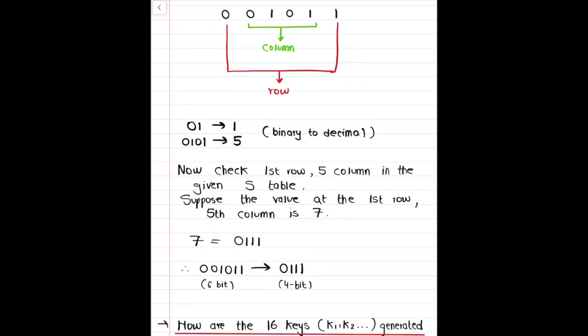Suppose that the value at the first row and 5th column is 7. If we convert 7 to binary, we get 0111. This is a 4-bit data, and hence we have converted our 6-bit data, which was 001011, to a 4-bit data, 0111. We perform the same operation at all the 8 S boxes and end up with 32-bit data.